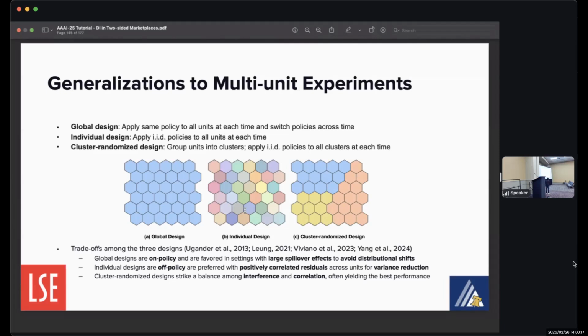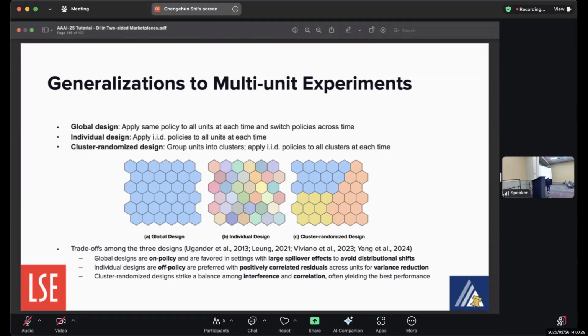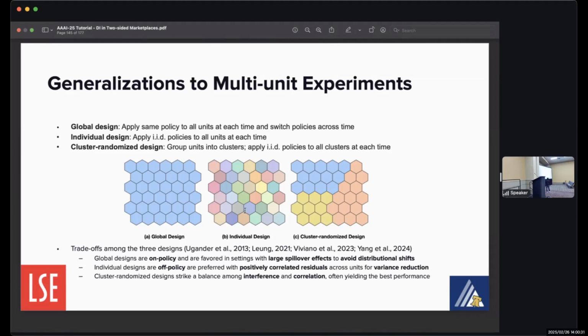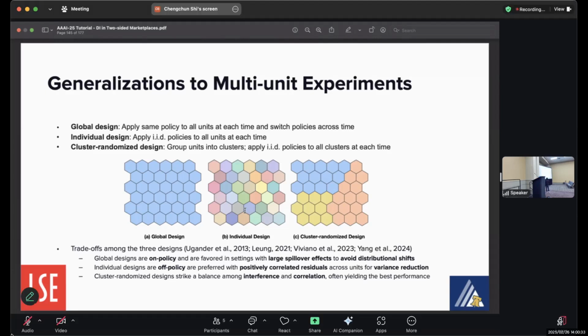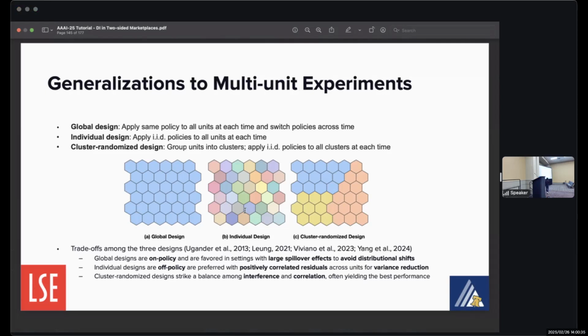In this setting, very similarly, there are multiple different designs that we can consider, including the global design, the individual design, and the cluster randomized design. So very similar to the case of time series experiments, there's generally a trade-off among these three different types of designs.